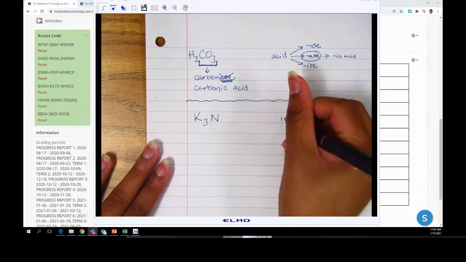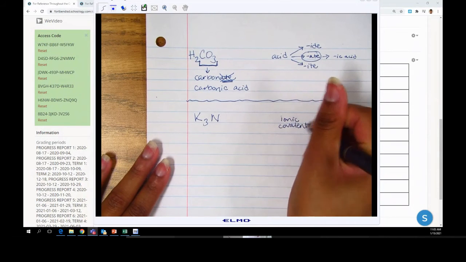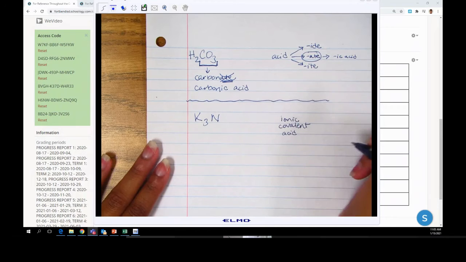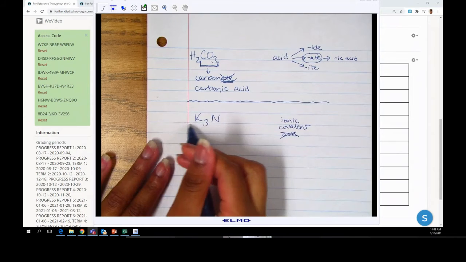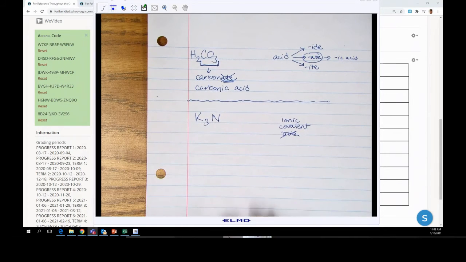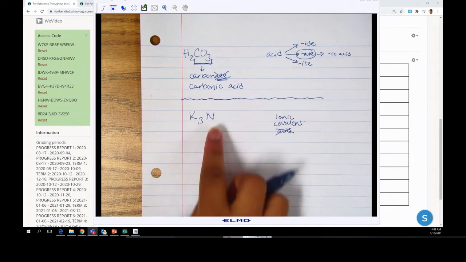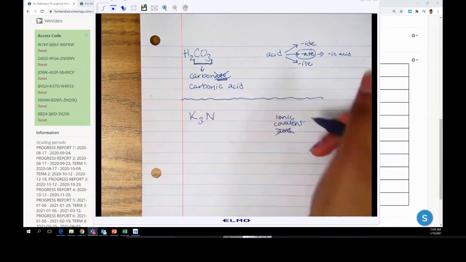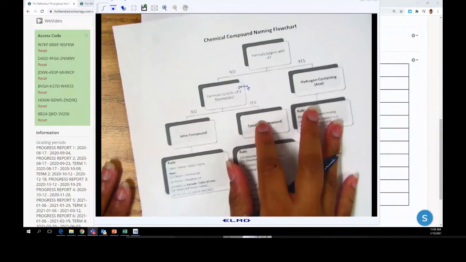Got to ask ourselves, is this ionic, covalent, or an acid? I can tell right away that this isn't an acid because I don't have hydrogen in the front. If from here you're wondering, okay, how do I tell what kind of compound it is, ionic or covalent, check on the chart.